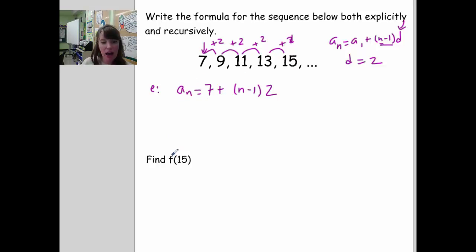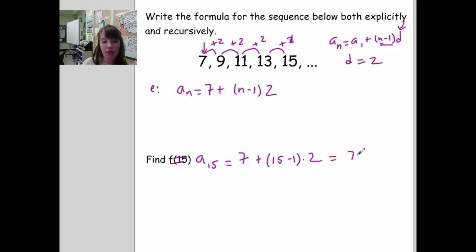Let's look at a sub 15. That's going to be equal to 7 plus, and if the term number is 15, I'm going to do 15 minus 1 times 2.